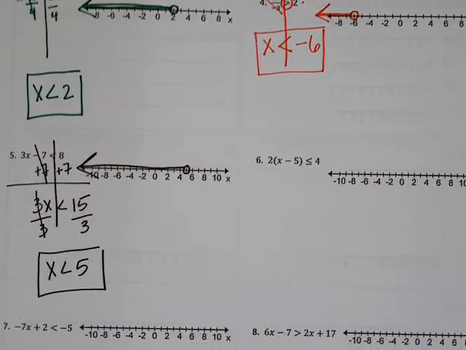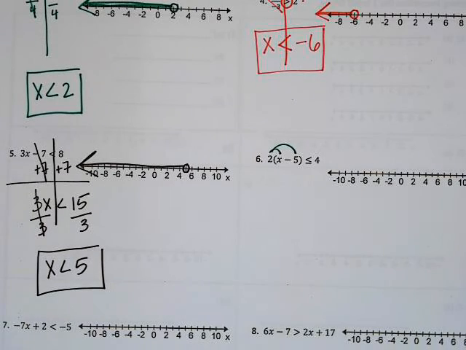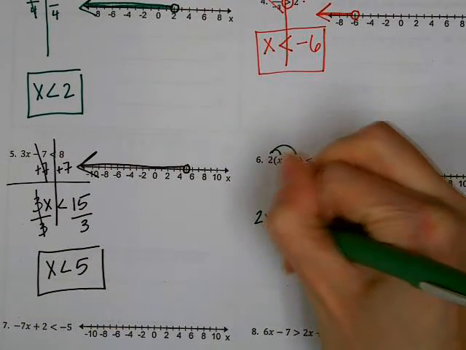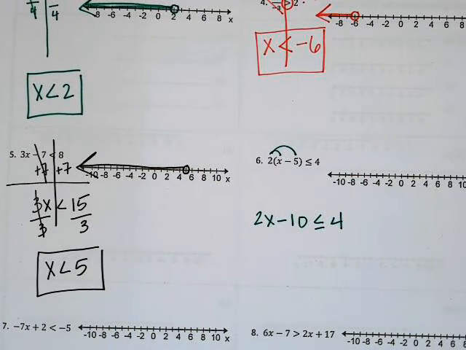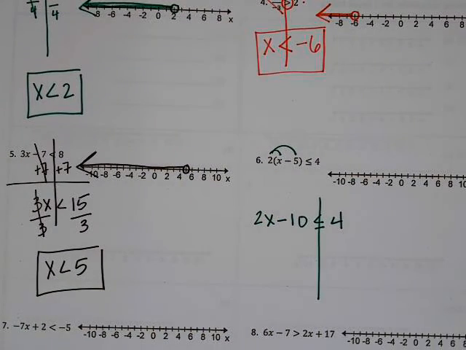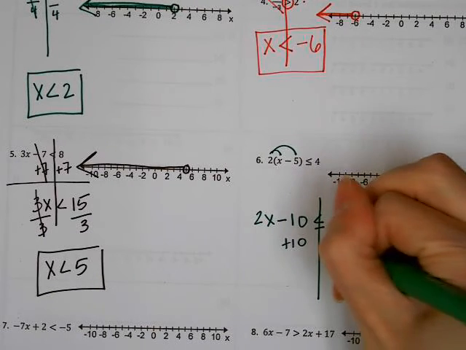Okay, number 6. This one we have to distribute first. So go ahead and multiply the 2 into both. It's going to be 2x minus 10 is less than or equal to 4. And then you're going to draw the wall and solve. So to undo minus 10, we plus 10.